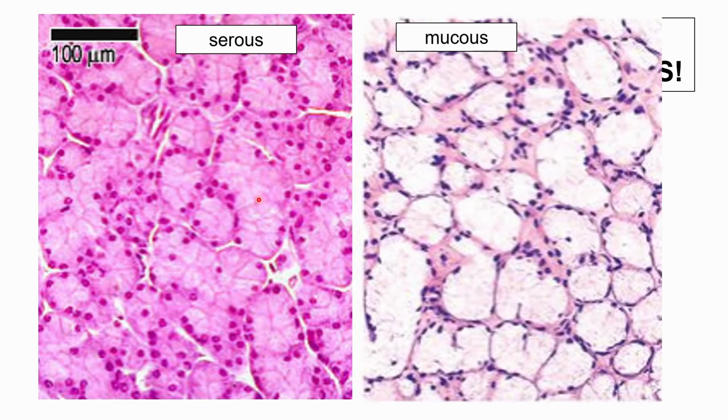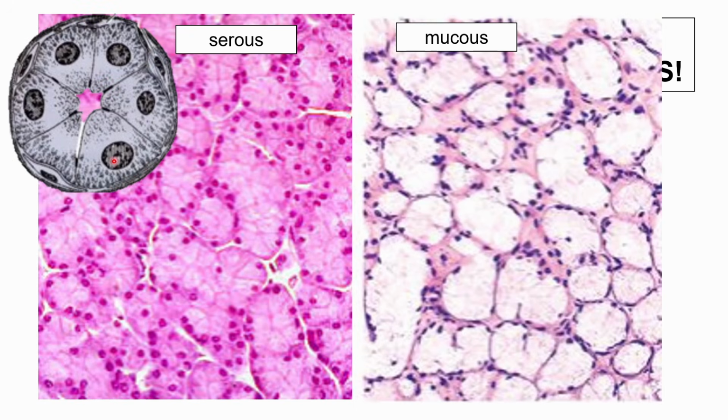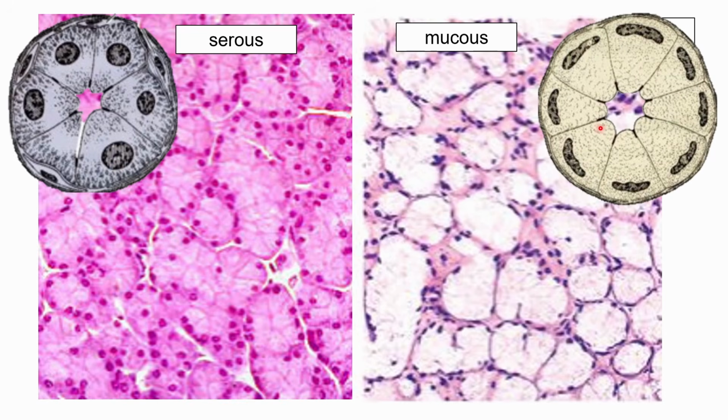If the product is thin, then the nuclei are round and placed more centrally because you don't need to have extra space for a thicker product, such as in your mucous cells wherein the nucleus is flattened to give way, to give space for your thicker mucus-like secretions.